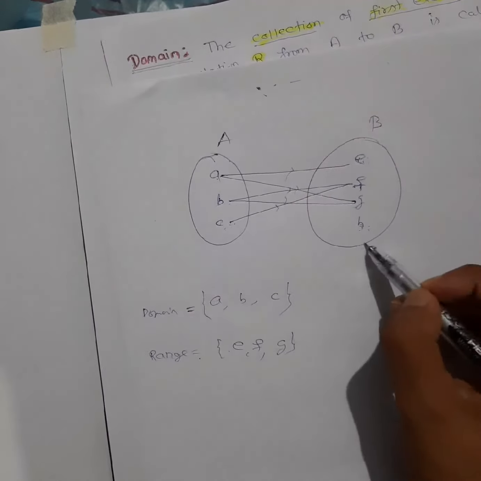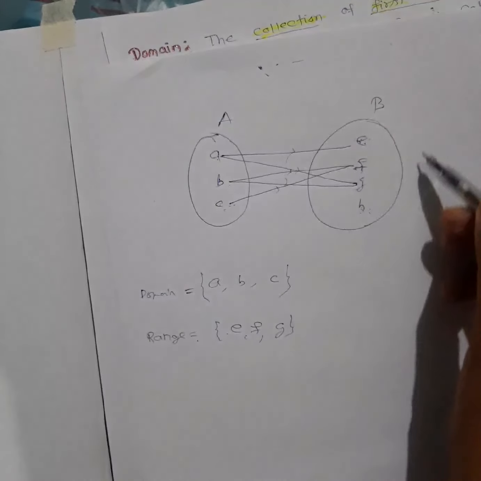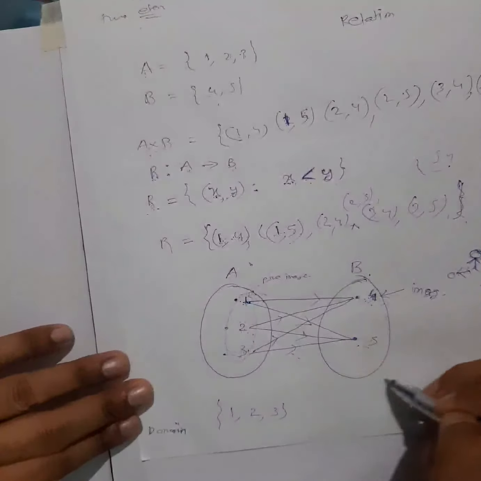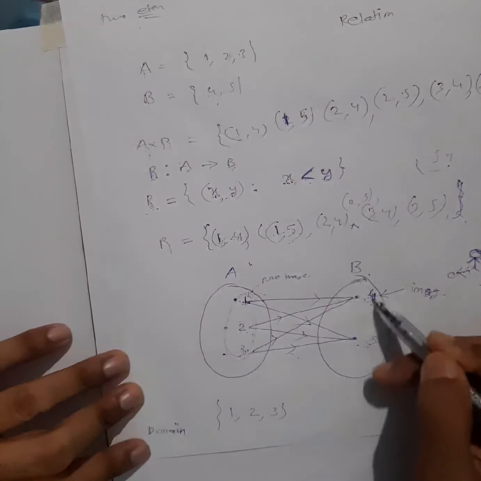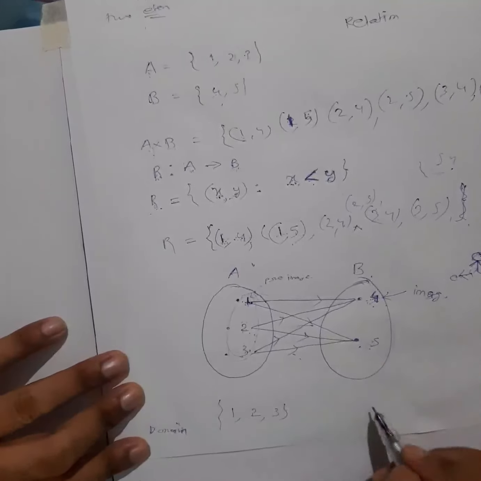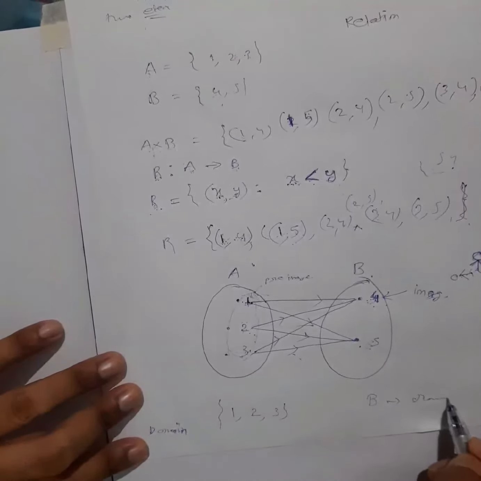Clear? Now this whole set is not your range this time. In the previous example you saw that all elements of this set were your images, so this whole set, B, was your range.